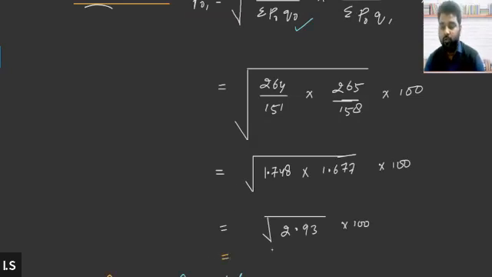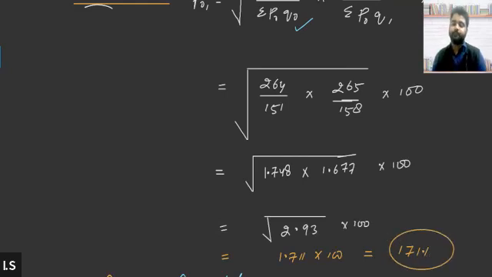So we have got 1.711 after solving under root. Then we will multiply it by 100, and we will get 171.1. This will be our answer. Okay.